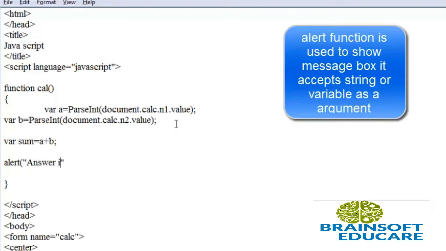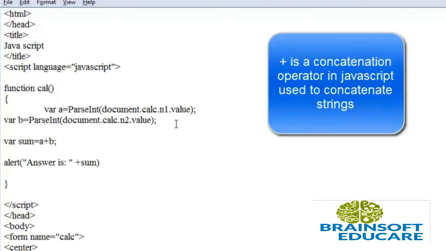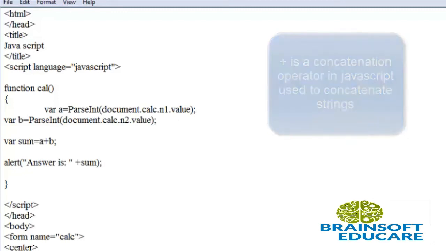I want to display "answer is", and I want to display the sum of the two numbers which is stored in the sum variable. So this can be concatenated by the plus operator in JavaScript. So we will display a message box which contains the answer of the addition.